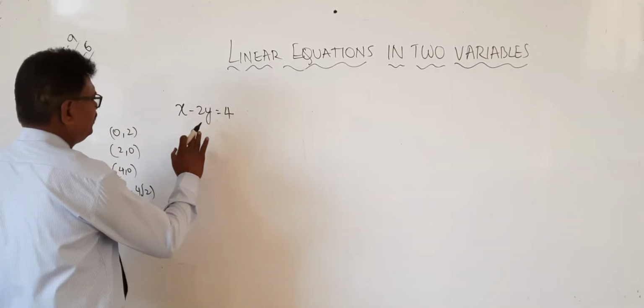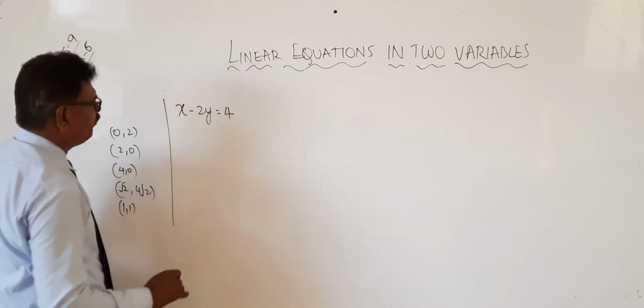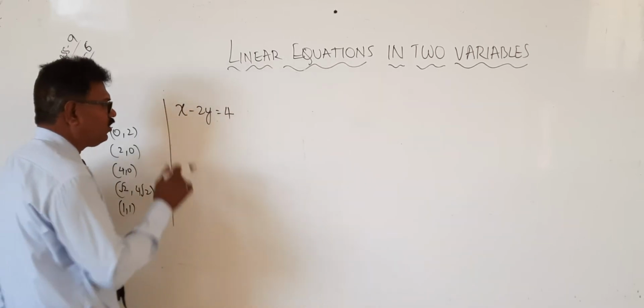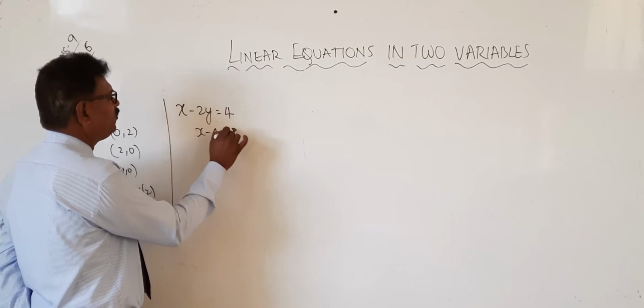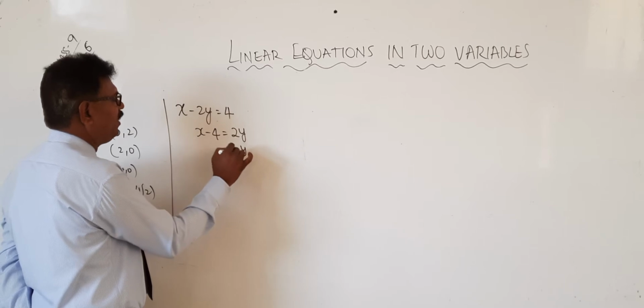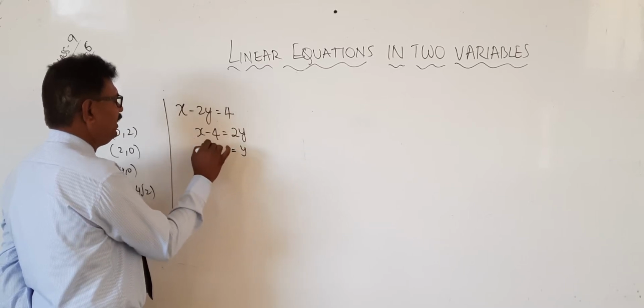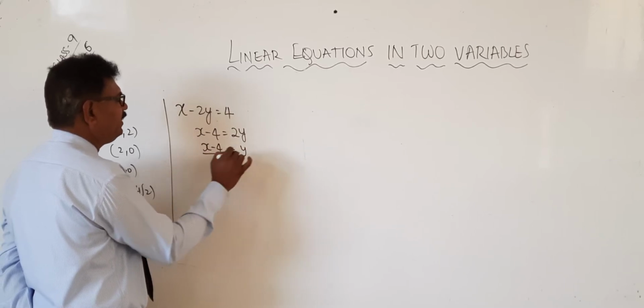Here is an equation: x minus 2y equal to 4. So let me write it in the standard form. That is x minus 4 equal to 2y, or y equal to (x minus 4) divided by 2.